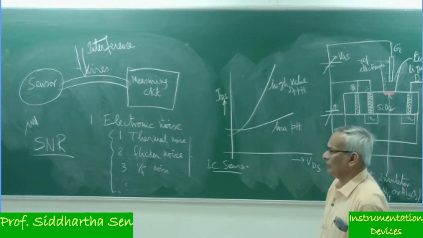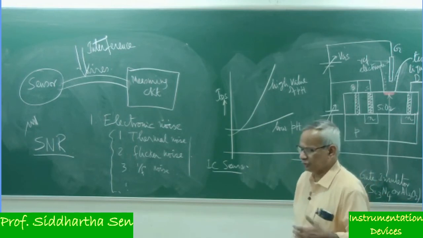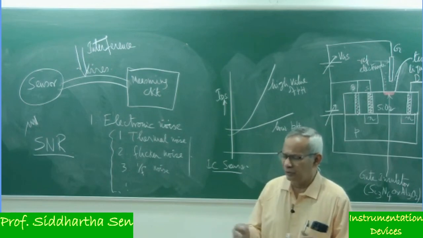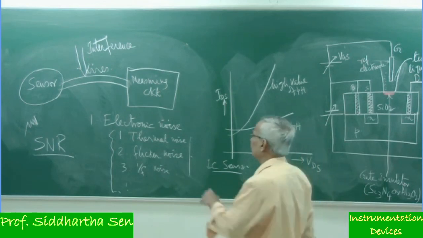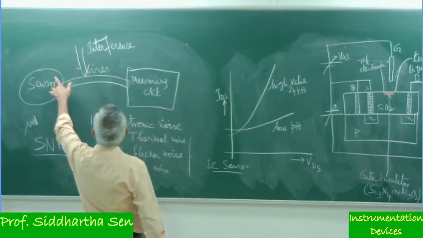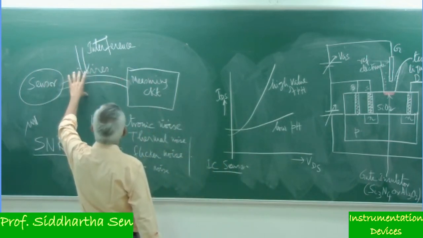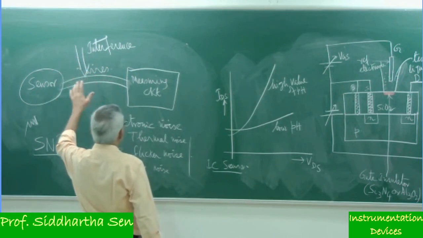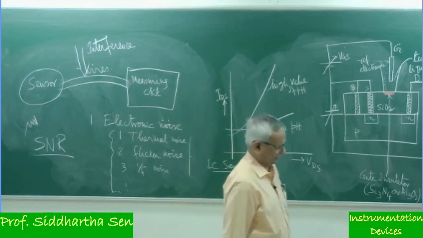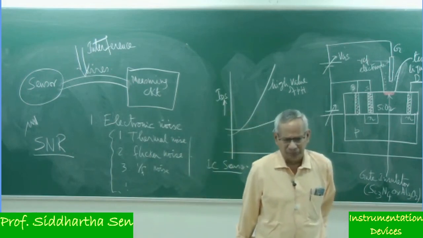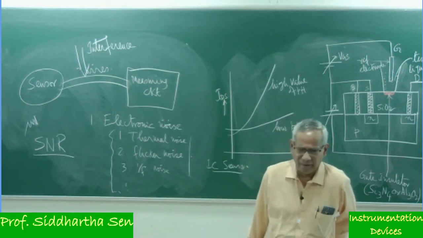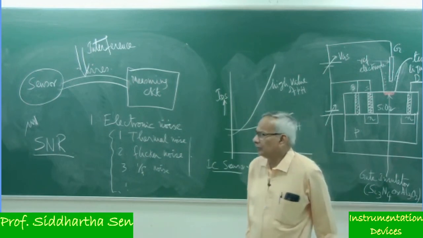Whatever the good circuit or good scheme, if the measuring circuit is not suitable for the sensor, or if the wires are not properly shielded, those things will cause deterioration of the signal. So it is very important for us to study those things. That part we'll discuss.